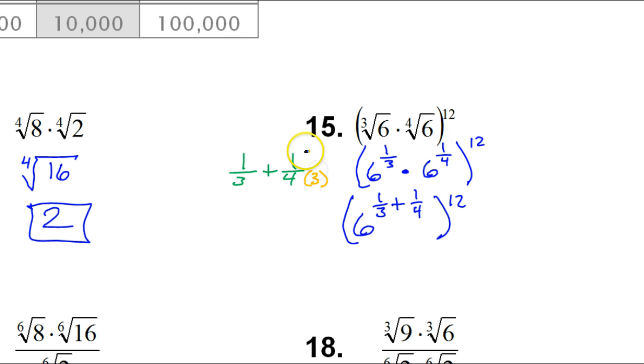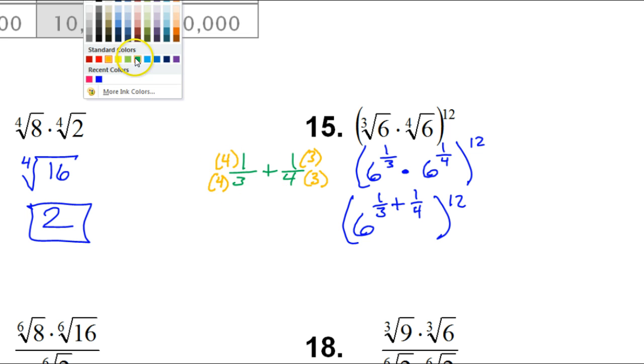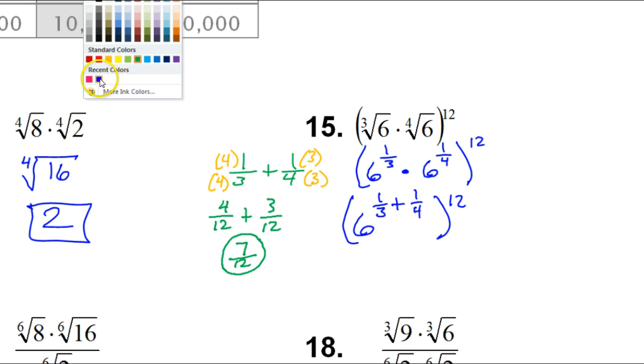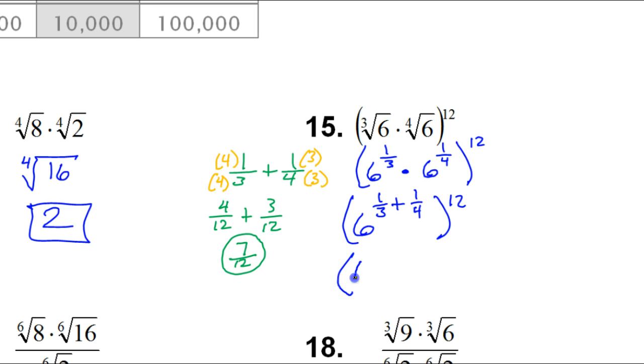So I will multiply these by 3, and I will multiply these by 4 in order to get 12 and 12. So I will have 4 over 12, and 3 over 12, which makes 7 over 12. So I will have 6 to the 7 over 12 power.